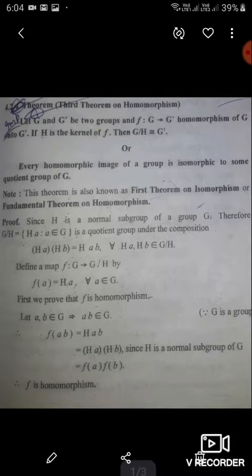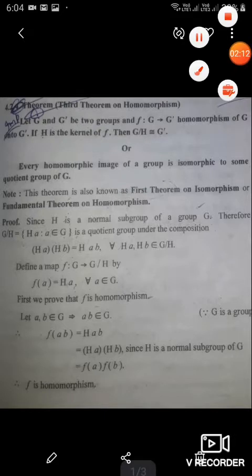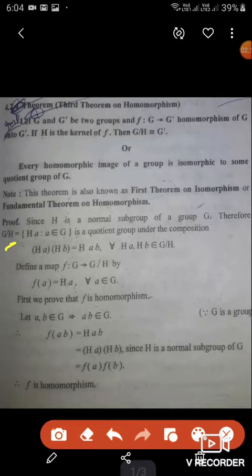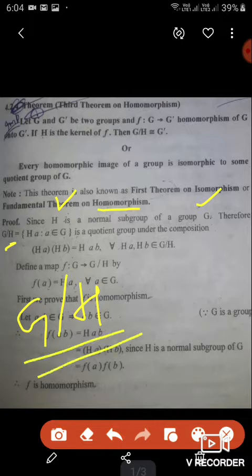Now here what we saw, that we are talking about a quotient group, and we know how a quotient group is formed. Quotient group is formed with the help of a normal subgroup. So we will first suppose that H is a normal subgroup of a group G. Therefore, a set represented by this will be the quotient group, and we know what type of elements belong to this quotient group.